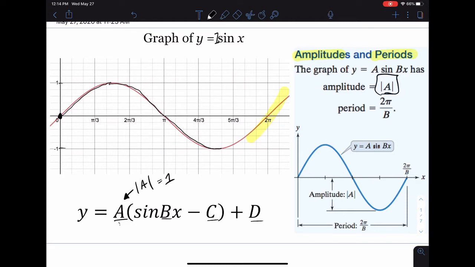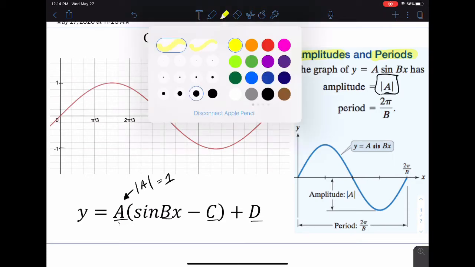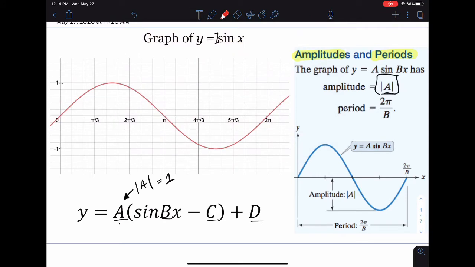A period is how long it takes for a graph to go through one full cycle. What do I mean? Sine of x keeps repeating itself, the sine wave.